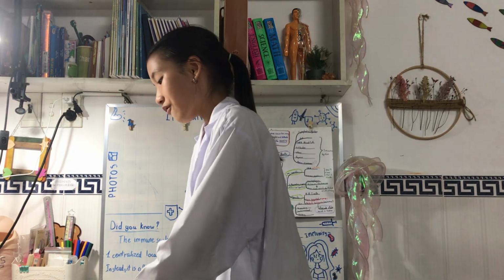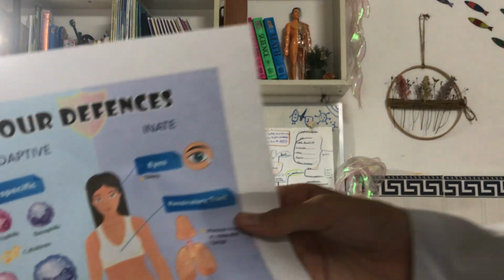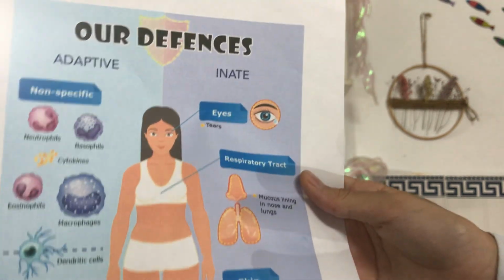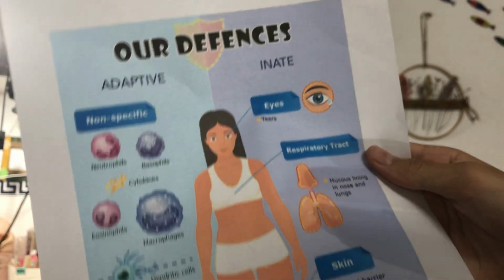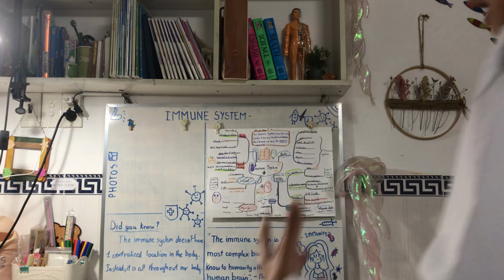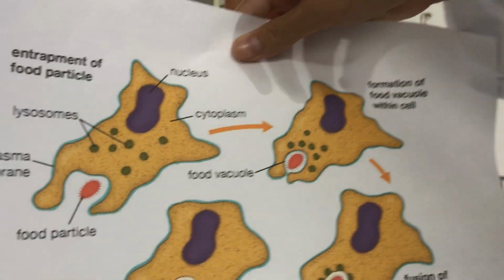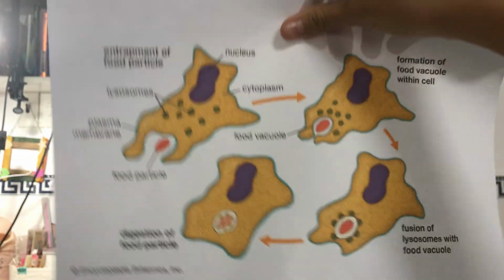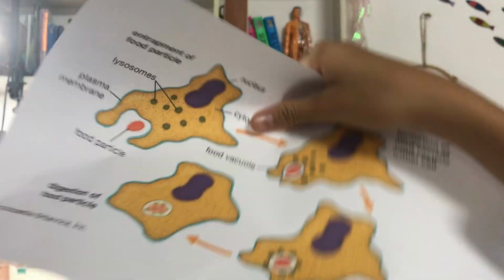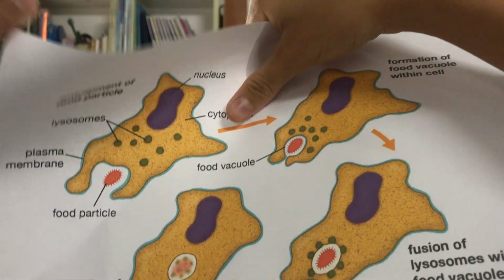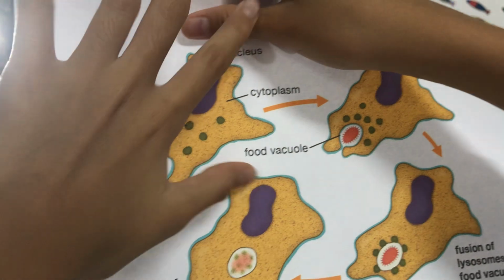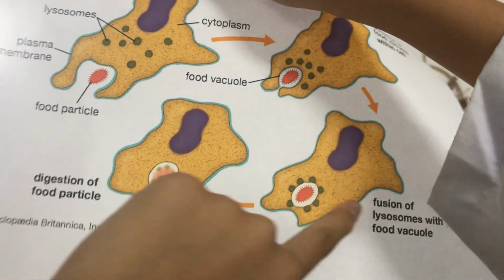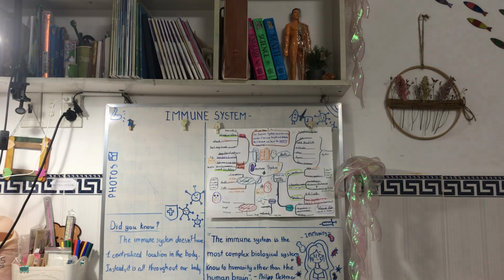That is for our defenses. For our innate one, we have our eyes, our tears, our respiratory tract, the mucus lining in our nose and our lungs, and our skin, which is the physical barrier, and the sweat, like I've also said before. Here is the process of the macrophages eating the pathogens. And here we have the virus, the food particle. It will eat this and then distribute the energy throughout the body.